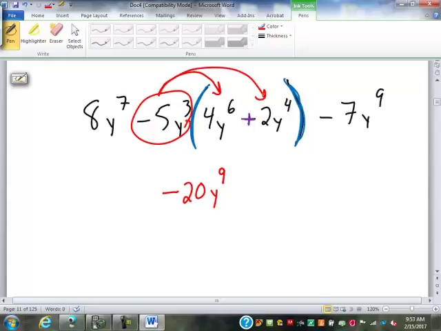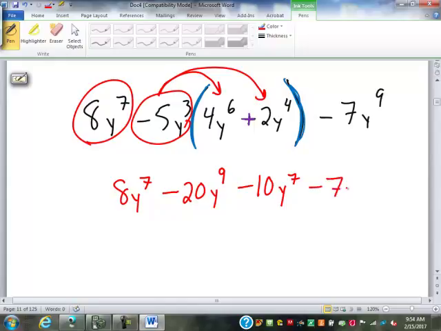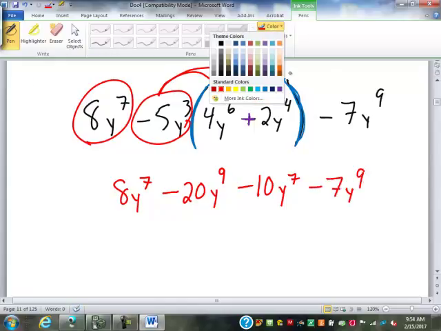Negative 5y to the third times 2y to the fourth. Negative 10 y to the 7th. Negative 5 times 2 is negative 10, and y to the third times y to the fourth, 3 plus 4 is 7. Now we still have the 8y to the 7th up front, and a negative 7y to the 9th back here.